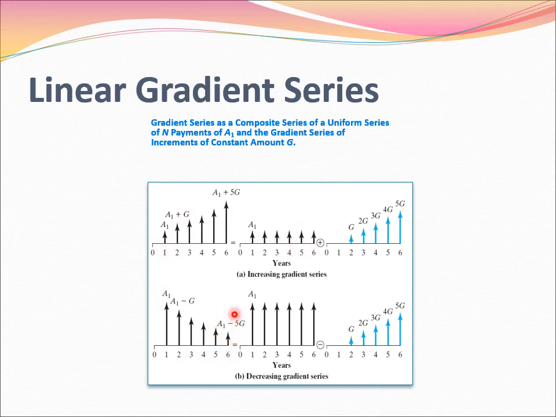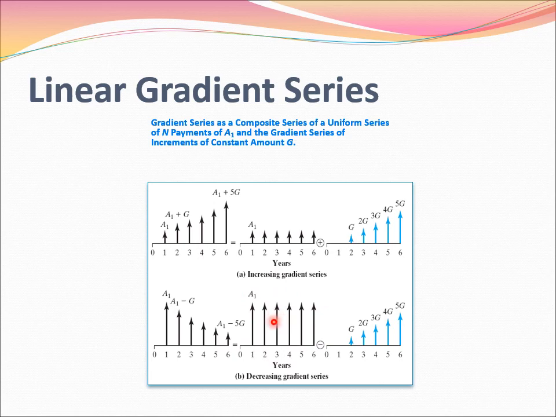The second one, for which there is a decreasing gradient series, we do the same thing. Okay? Again, we need to divide it into two cash flows for which we know the formula. And for this one, how can we do it? We assume that at each period there is an A1 amount of uniform payments.